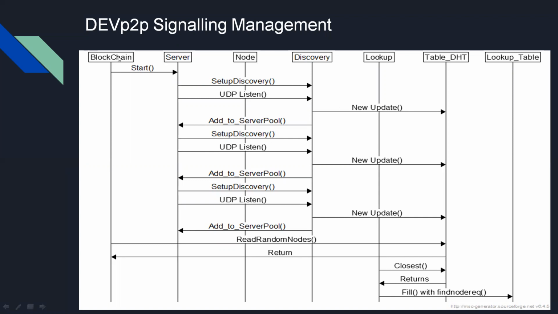You can see a server, which is a devp2p module, gives a setup discovery call to the discovery module, and then after finding a relevant node from its peers, the DST table will get updated. Similarly, we have the lookup algorithm happening with the function find node request. So this is a very nice table to look up and work on in future.